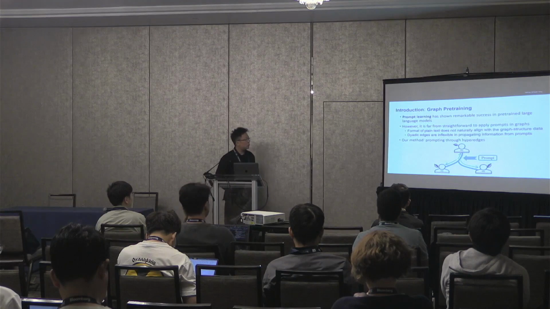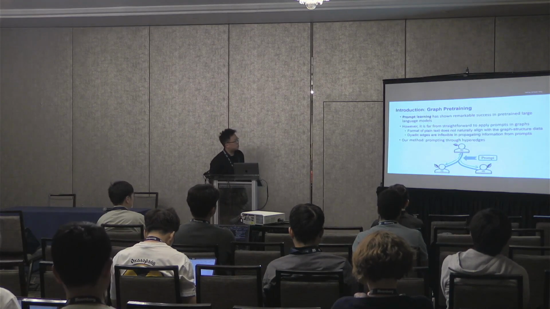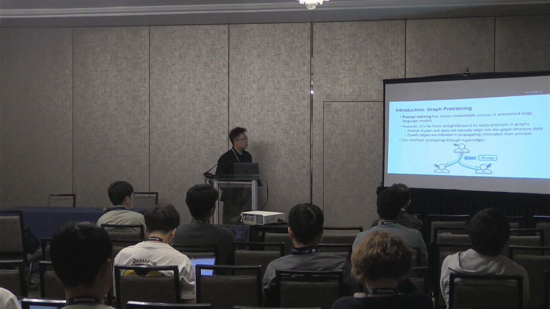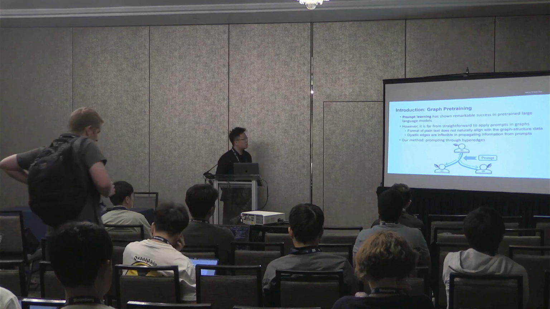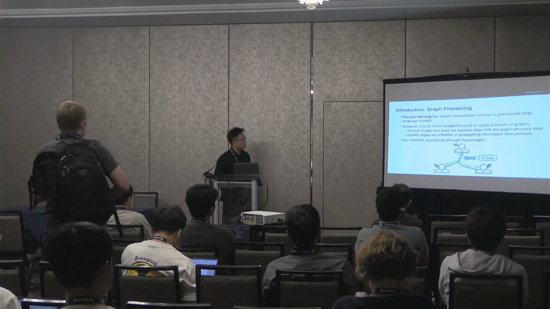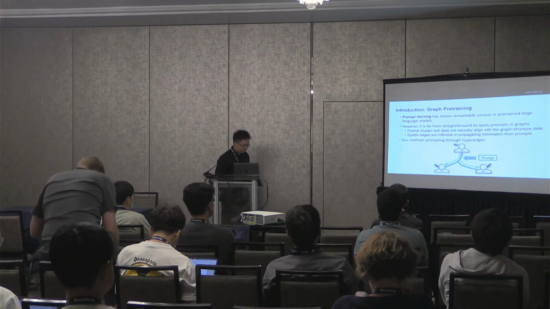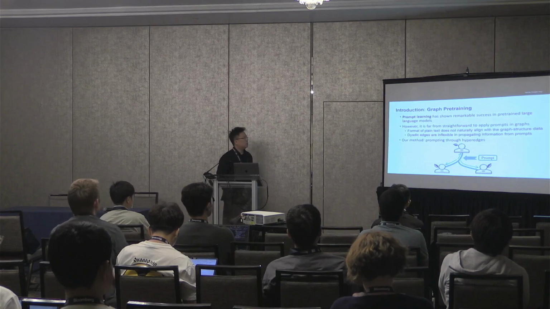In this paper, we apply prompts to solve those challenges in graph pretraining. Prompt learning has shown great success with large language models. However, since the format of plain text does not naturally align with graph structure data, it's not straightforward to apply prompts in graphs. One simple idea is to prompt information to a certain part of the graph through edges. In this way, the prompts can participate in information propagation during graph learning.